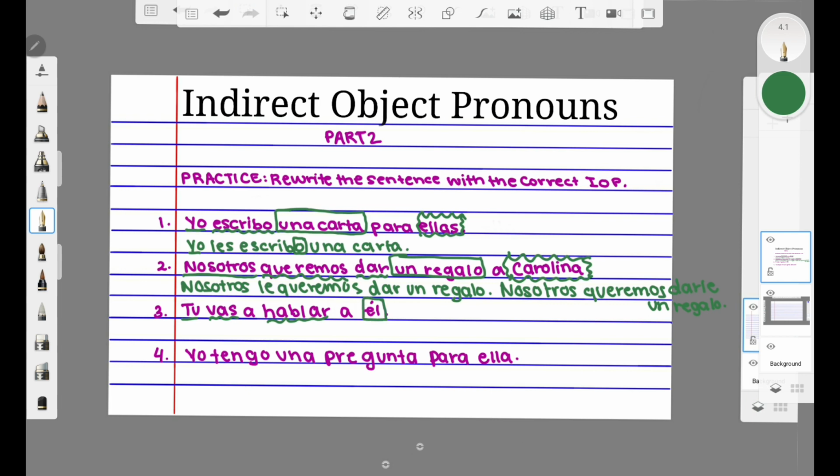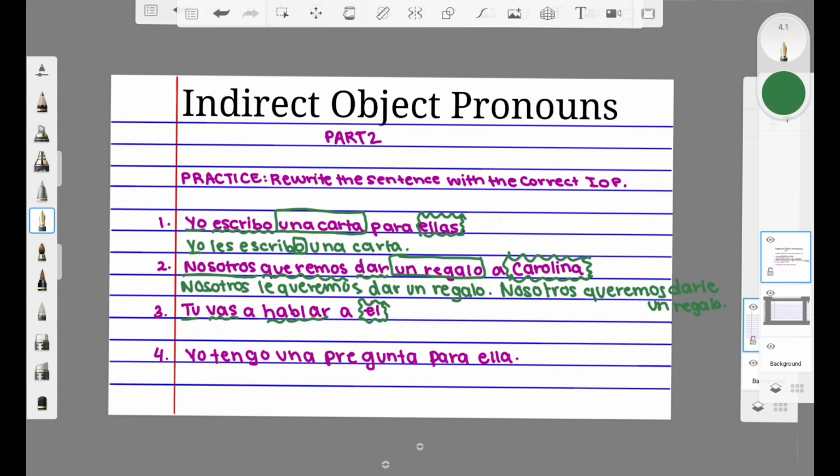So in this case, we actually don't have any direct object. So that is something to note, is that even though a lot of the sentences do have direct objects, some with indirect objects don't have direct objects.